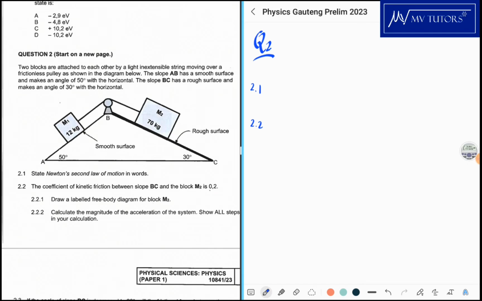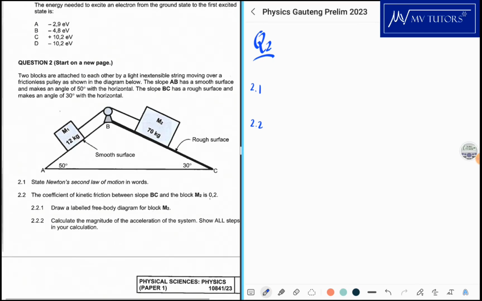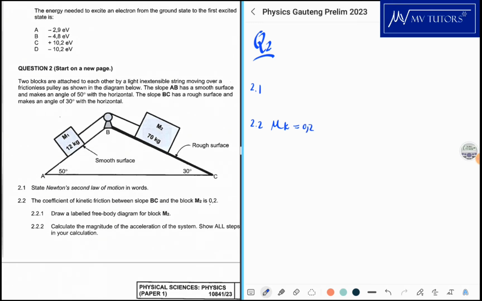Now 2.2. The coefficient of kinetic friction between the slope BC and the block M2 is 0,2. So we can note that coefficient of kinetic friction, mu K, is 0,2.